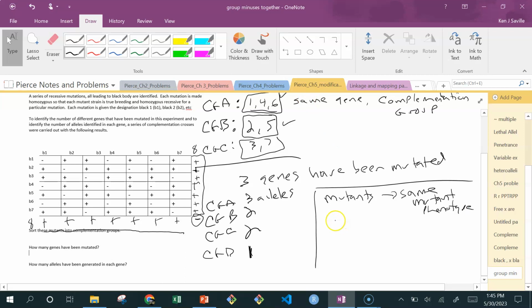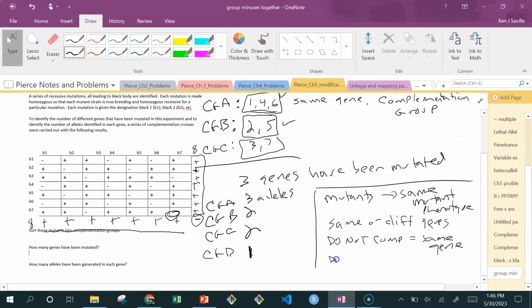And are each of these mutants in the same or different genes? And if they do not complement, this is where it gets a little bit like reverse thinking. If they do not complement, so if you get a minus, then they're in the same gene.